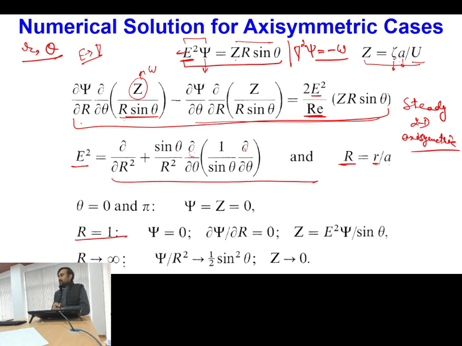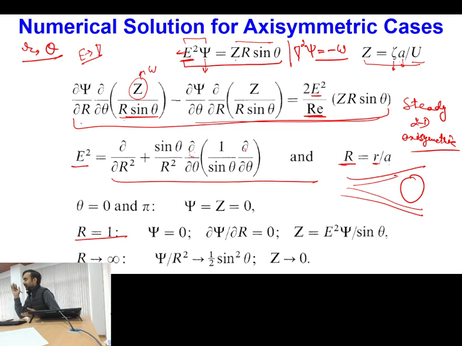So we need to supply what type of boundary condition? If you have flow over a sphere, it is not always necessary that for R there will be Dirichlet or for theta there will be Neumann. That depends upon the physical situation. It is not always required that for a certain parameter only Dirichlet or only Neumann is needed.